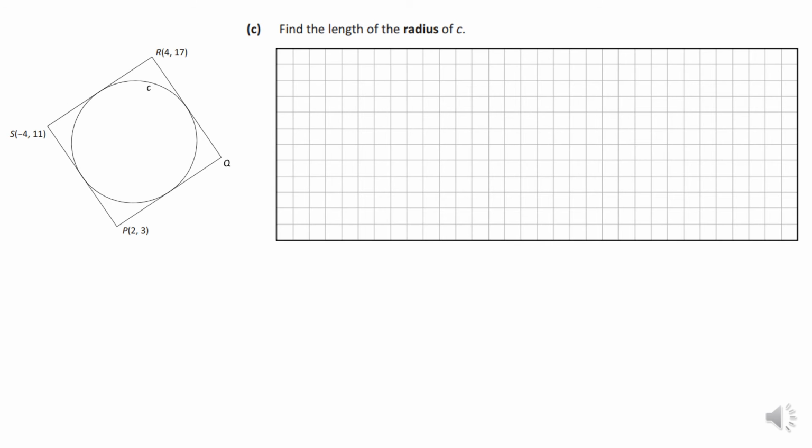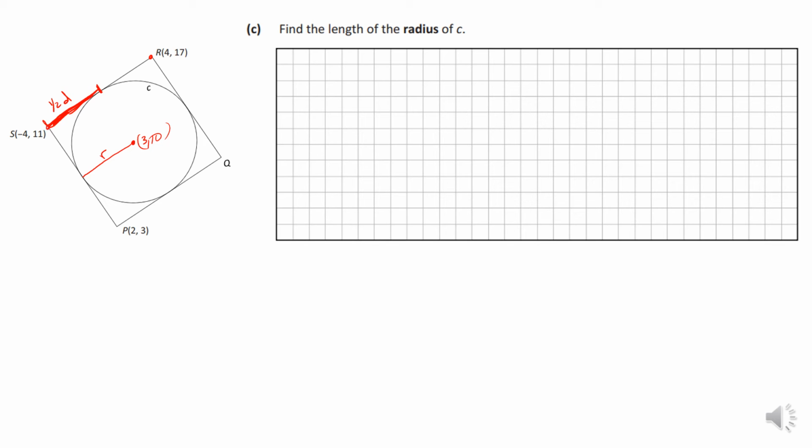Okay, reminding ourselves what we're aiming to do. So that was the center. We're looking to measure the radius, which we discussed would be equal to half the distance, we'll call it D, half the distance between S and R.